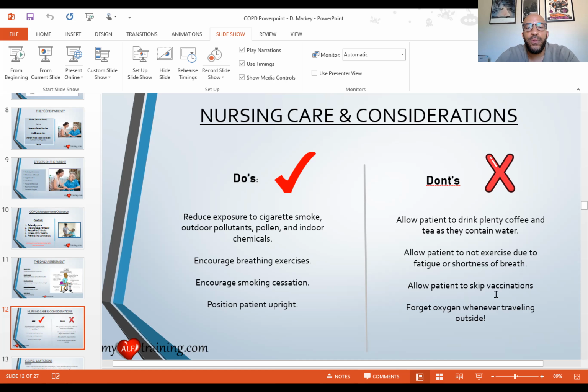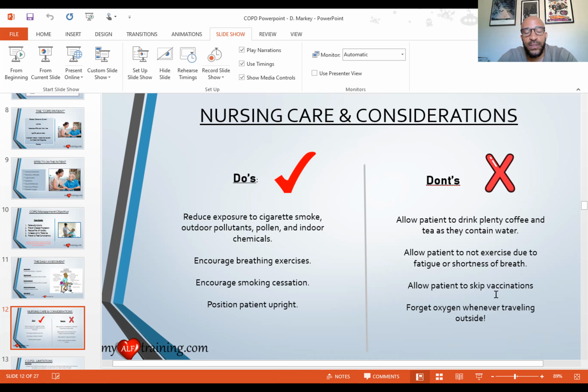And that's very important that they get vaccinations because they already have a respiratory disease. And if they get some kind of bacteria inside of their lungs, it's going to be very difficult for them to recover. And it's going to be very difficult, if they do recover, to restore their lungs to some type of level where they can enjoy more quality of life.